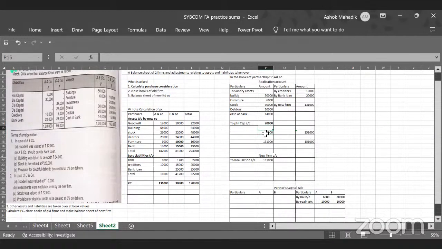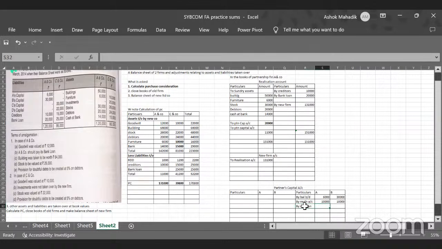So I'll write to partners capital account. Value is 11,000. So we'll distribute equally by realization account.